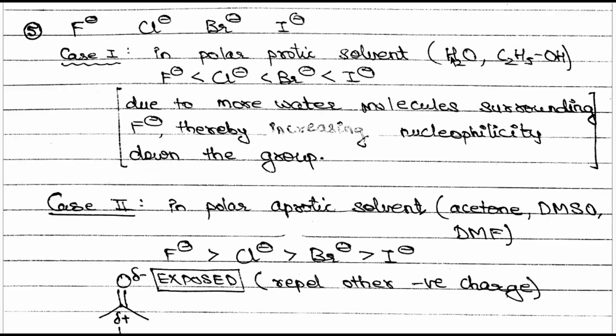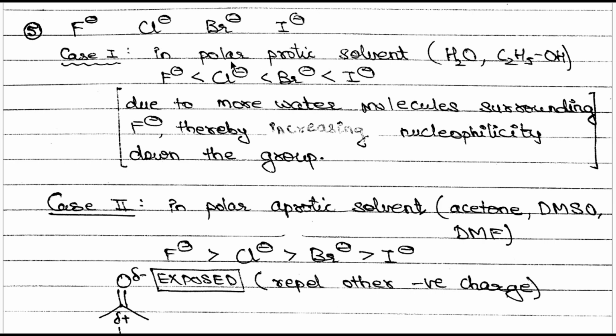Now we come to a very important section, the nucleophilicity comparison in different types of solvents. So I have taken two cases over here which are very important. Case 1, the strength of the nucleophile in polar protic solvents, and case 2 in polar aprotic solvents. First, I'll focus on the explanation of polar protic solvents.